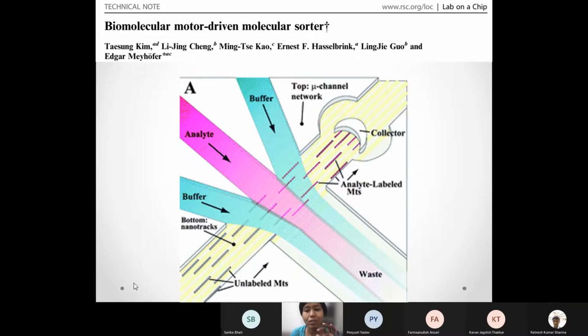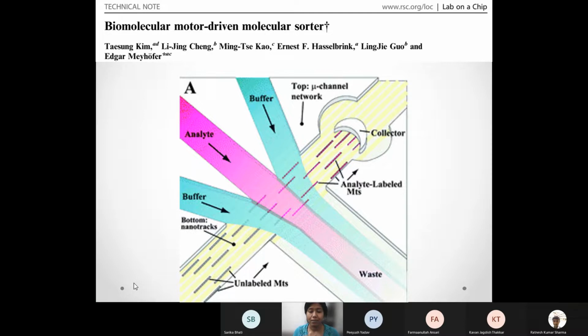This is exactly what is done in flow sorters, where you detect the fluorescence, then you apply a certain electric field, and you make those antibody tagged cells, bacteria, whatever it might be, move away from the main flow line.